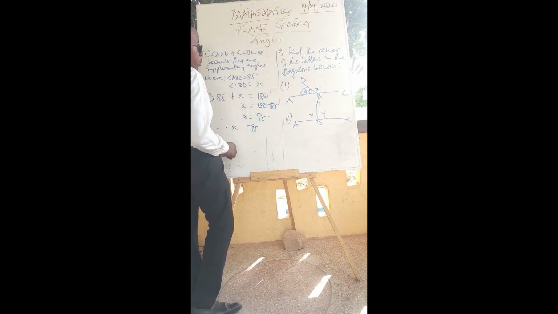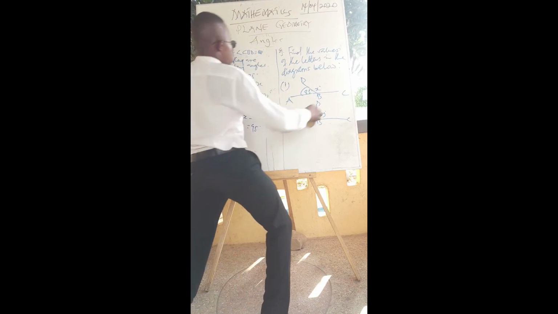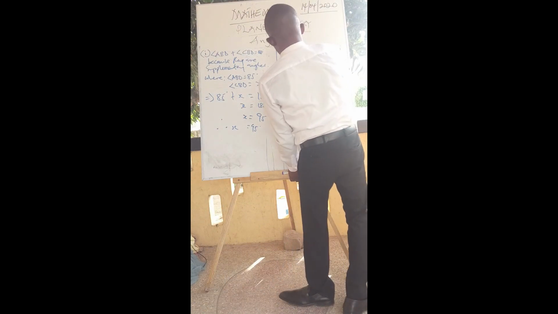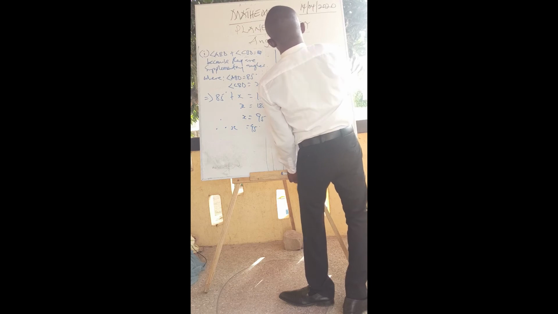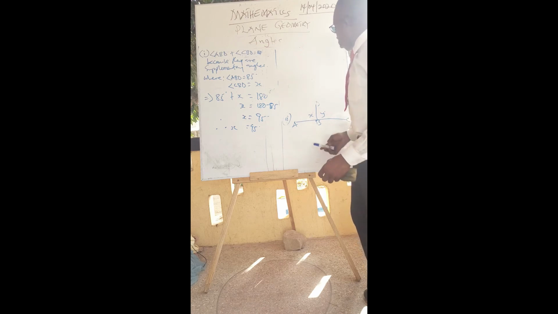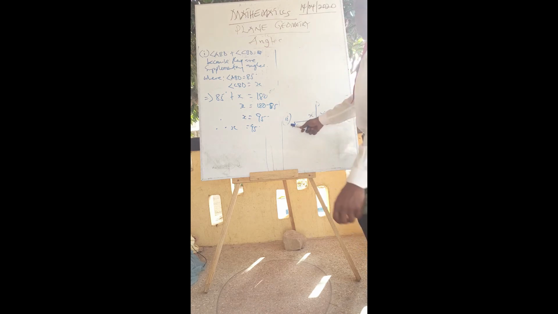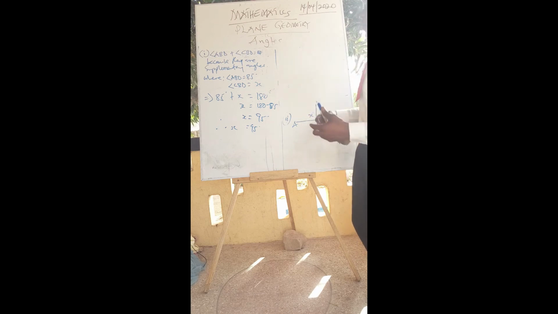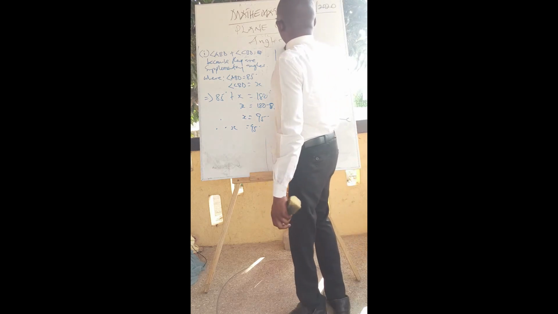Okay, let's solve the second question. If you look at the second question, x, y, this is a straight line. This is a horizontal line, and this is a vertical line. When a horizontal line and a vertical line meet, they form what angle? Right angle. So here will be 90 degrees, and here 90 degrees.